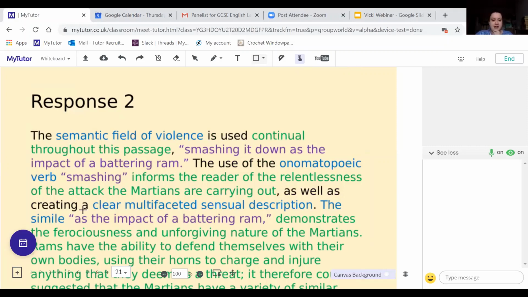Then I take it further to do some more in-depth analysis. I throw in some more terminology, some more evidence, and then I do my high level analysis, which throws me back up to that level 4. So what I'm trying to say is do your point, evidence, explanation, but make sure that you do your zooming in, you give your alternative descriptions.